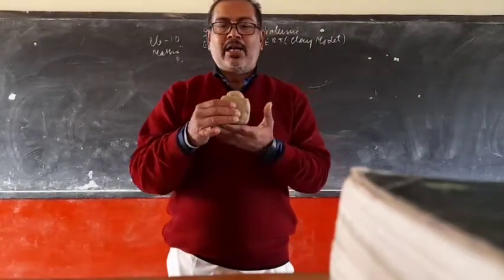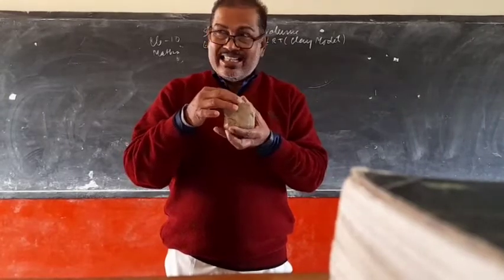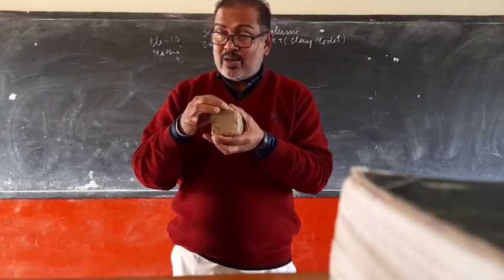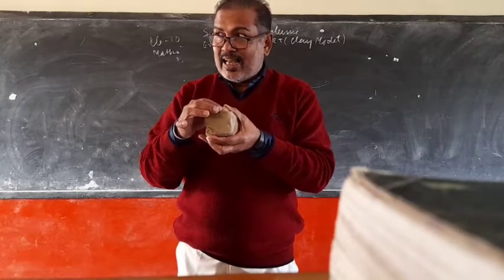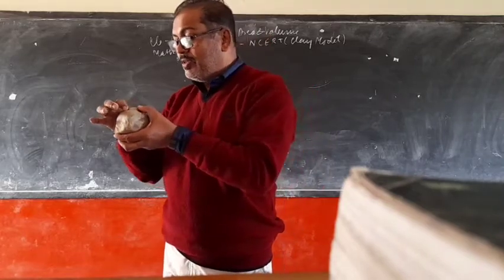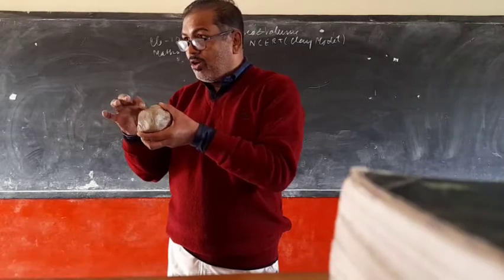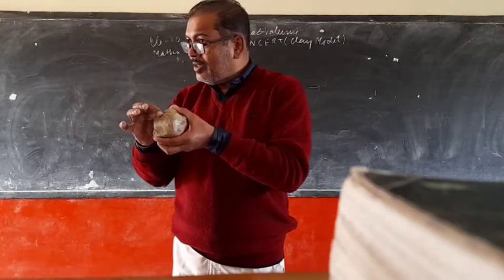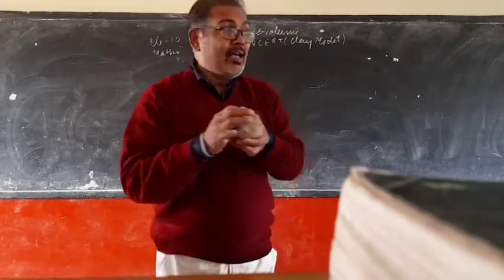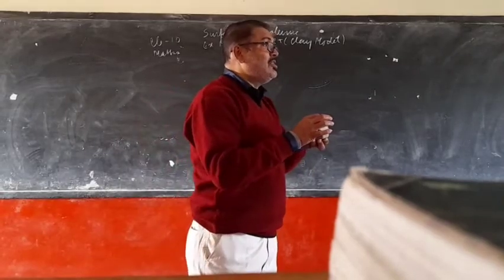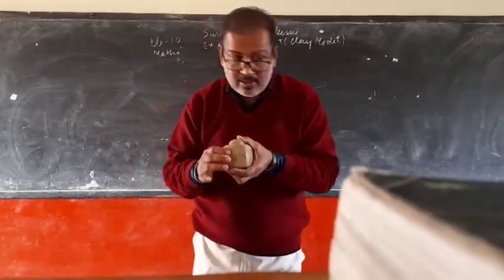Okay. Now try to understand the question. What is the greatest, what is the largest diameter of the hemisphere? Because this hemisphere is touching the four sides of the cube. It means the diameter of the hemisphere is equal to what?